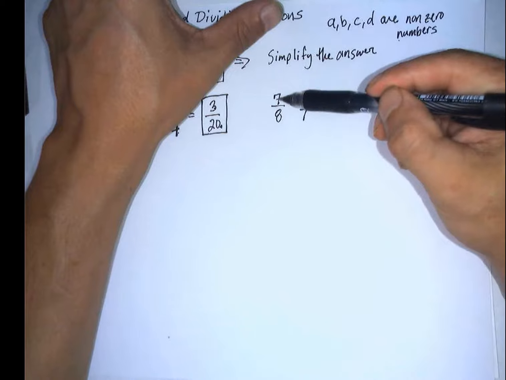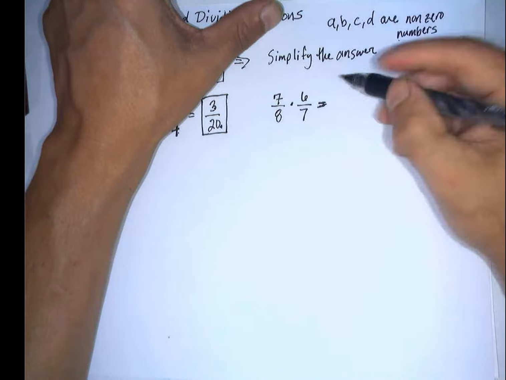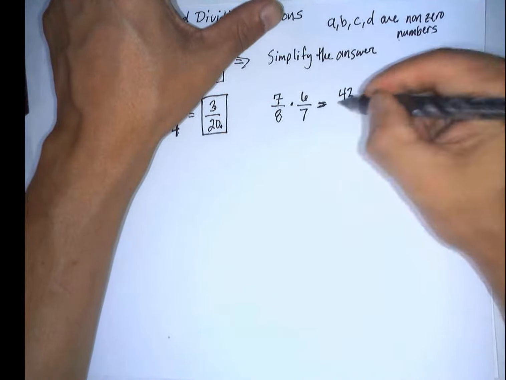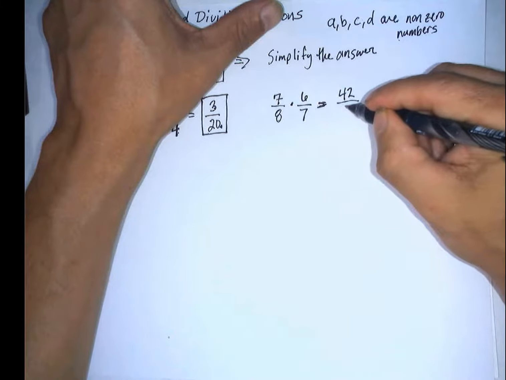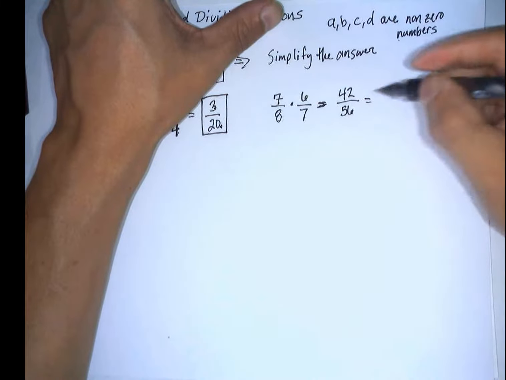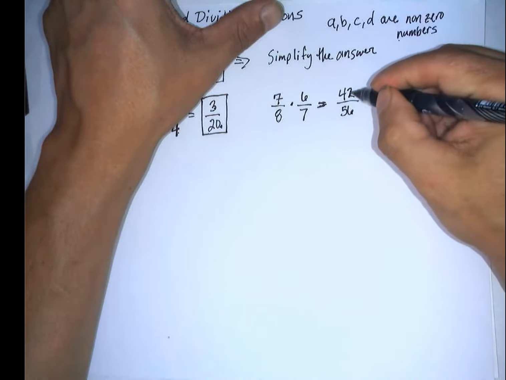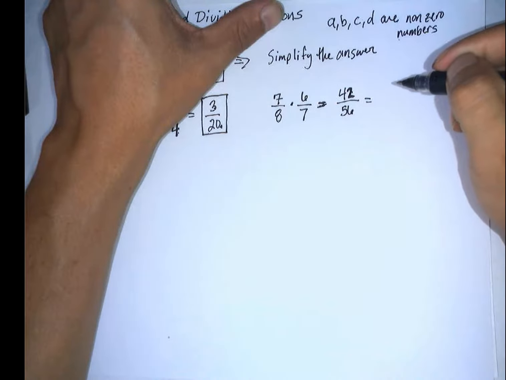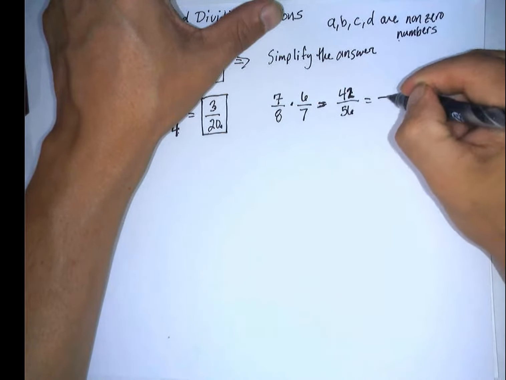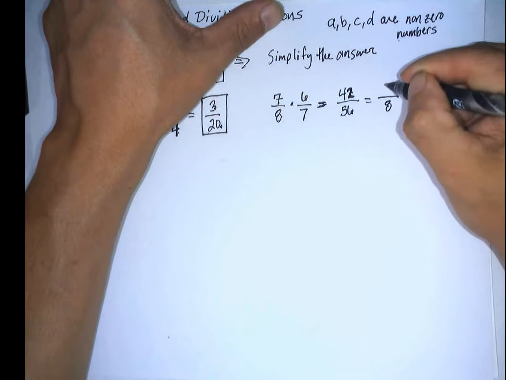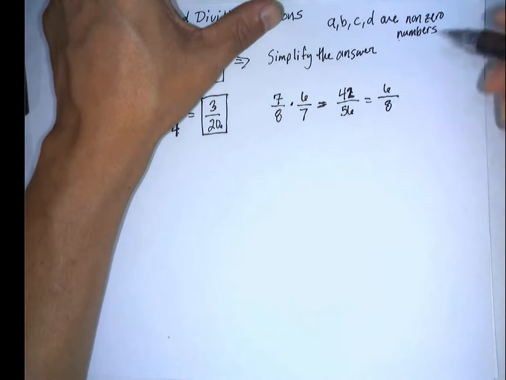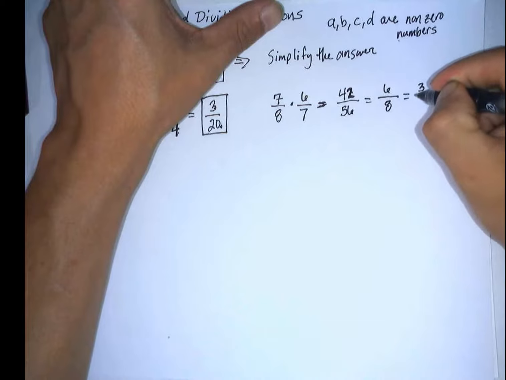If we multiply across, we get 7 times 6 is 42, and 8 times 7 is 56. Okay, so 42 and 56 are both multiples of 7. 56 is 8 times 7, and 42 is 6 times 7, and then both of these are even. So the result here is 3/4.